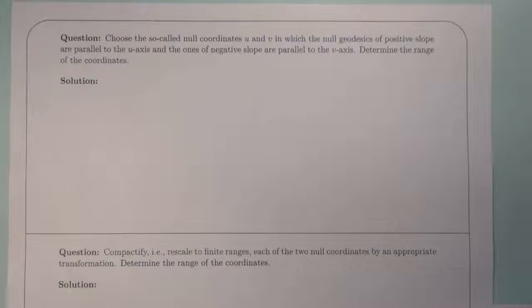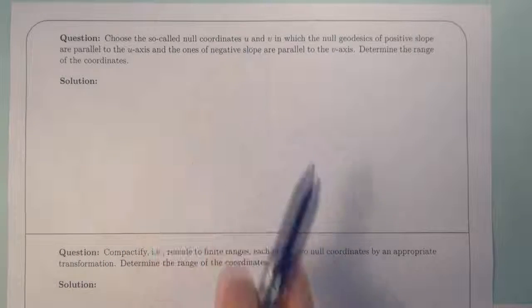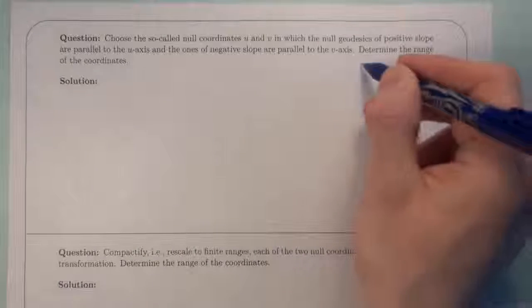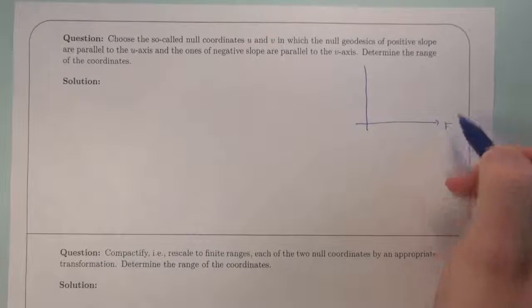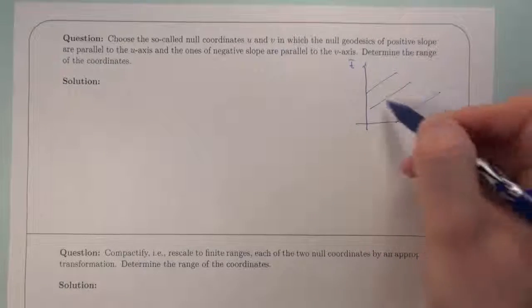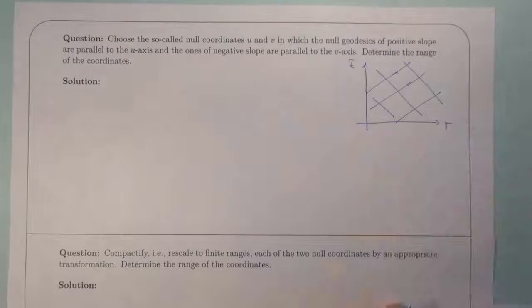Okay, let's continue with the next question, which is about the so-called null coordinates that we normally call u and v. And the idea here was, so the result from the last step was r and t bar, and we had the geodesics as curves of constant slope plus minus 1.